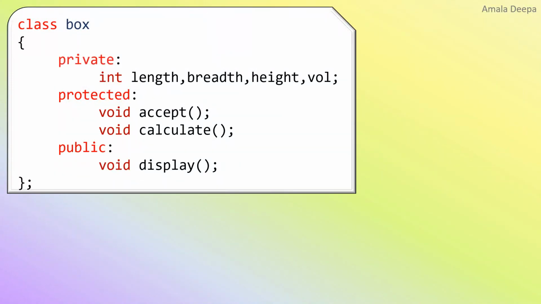In this class declaration, I have given only the prototypes of the member functions. But during actual programming, you have to write the function definitions for these prototypes. So, I will show you how to define the accept function.